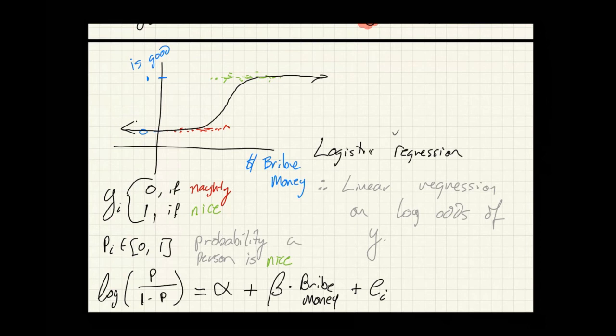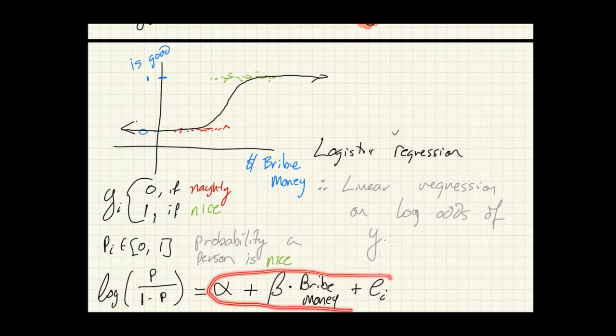Now, there's a question in the chat saying, would you be able to explain the difference between a multi-level model and a generalized multi-level model? The generalized model of any kind, Poisson, negative binomial, logistic, like what I'm showing you here, the main point is about where the linear part of it is and what it's in terms of.